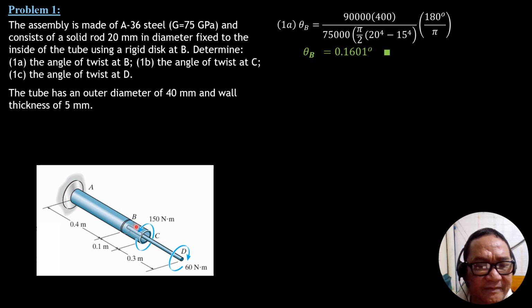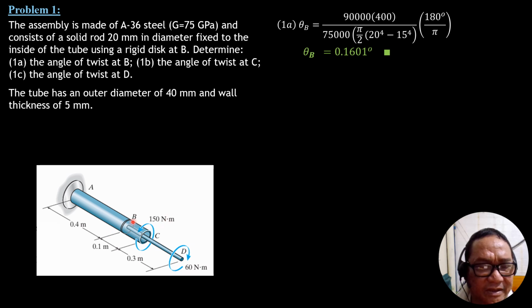So it is 150. Imagine that B has been displaced by an angle 0.1601, and because this is 90, 150, so it is increased further.